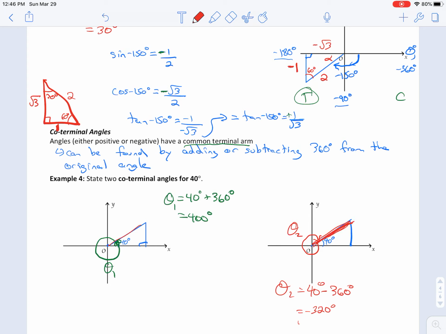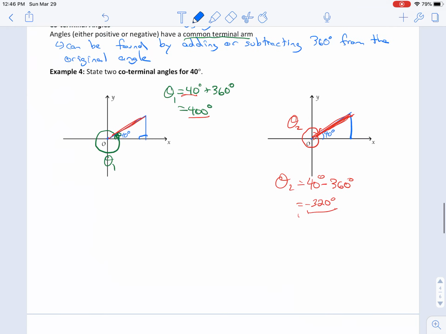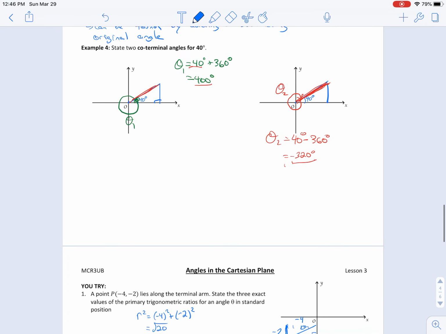This arm that's going out is the same in both cases. So if you were to find the ratios for 400 degrees, 40 degrees, or 320, you would get the same ratios for all of them. And that's always going to be the case. There are endless answers because you just keep adding 360 or subtracting 360.